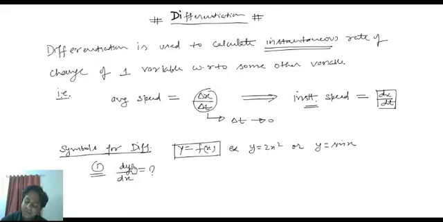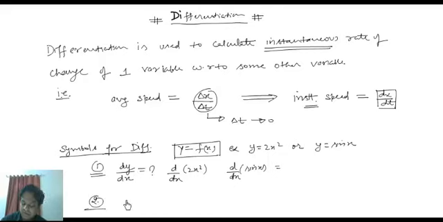It means you have to differentiate 2x square with respect to x. You have to differentiate sin x with respect to x. So this is the first symbol for differentiation.